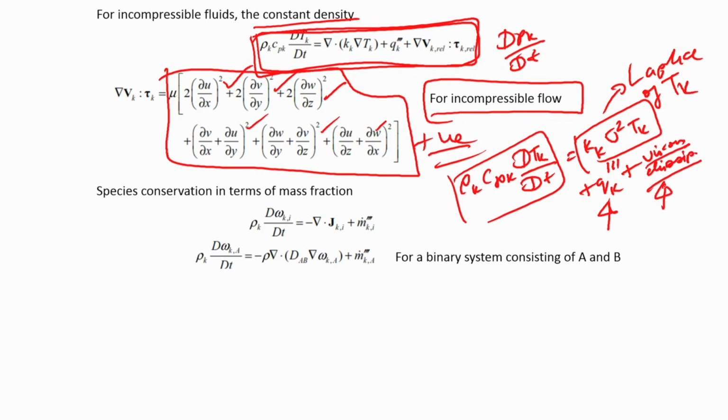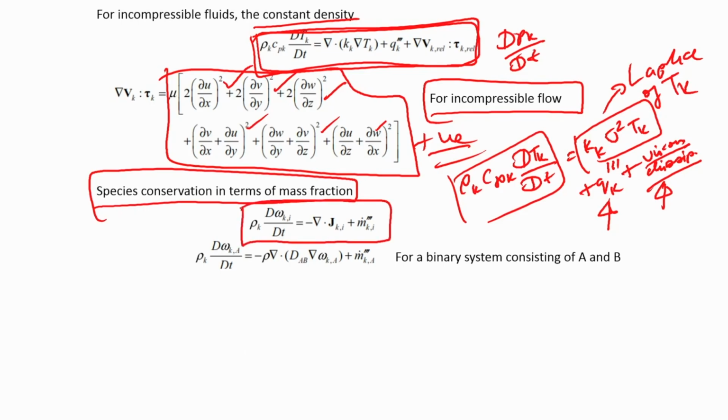Okay. So, similarly, the species conservation that we did in the last lecture in the integral form can also be reduced to something like this. We are not going through the details of the math once again; it exactly looks the same as the energy conservation equation. If in the energy conservation equation this and this become equal to 0, then this is nothing but the same as this expression that we have.